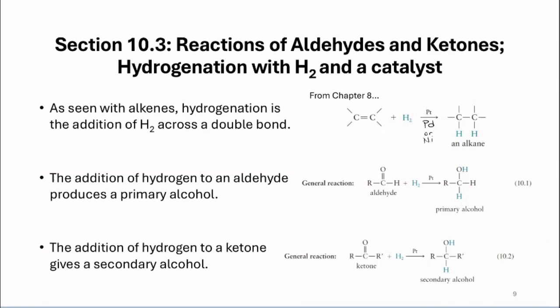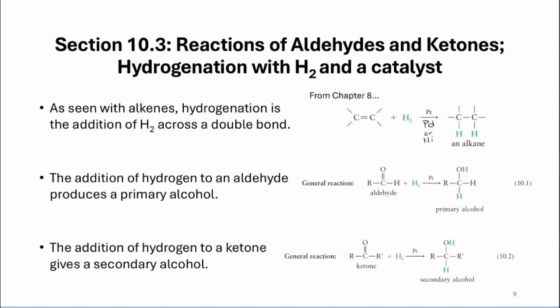What happens in this addition reaction is that we break one of the bonds in the double bond, and each carbon atom that used to be double bonded will receive a hydrogen. Since we're adding atoms, this is called an addition reaction.